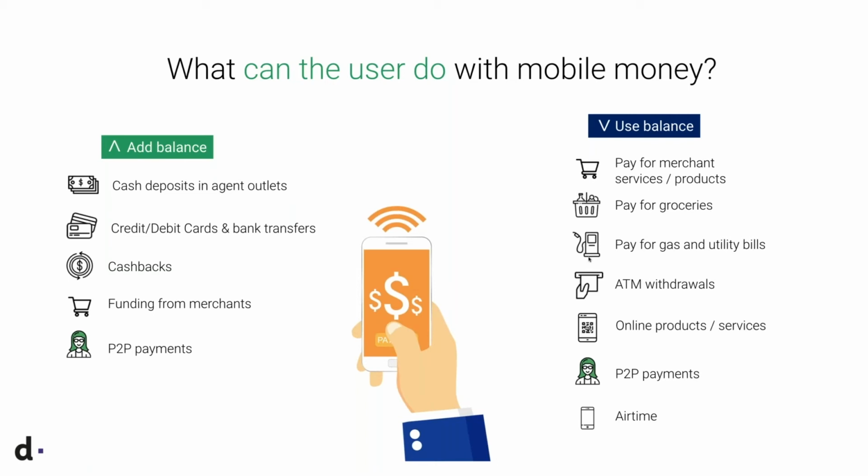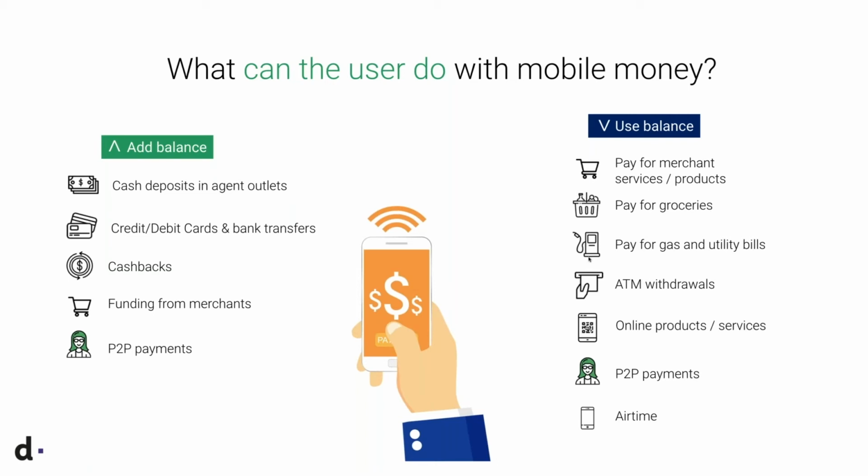They might also be able to receive cash back from merchants. Merchants can use this technology to give cashbacks to their customers, and also to fund their suppliers as well. And of course, users can receive payments via P2P payments.